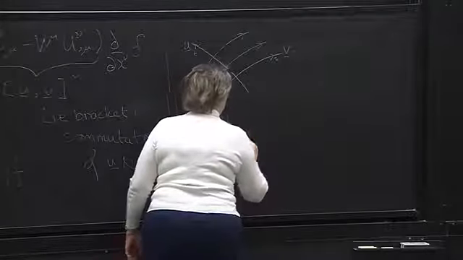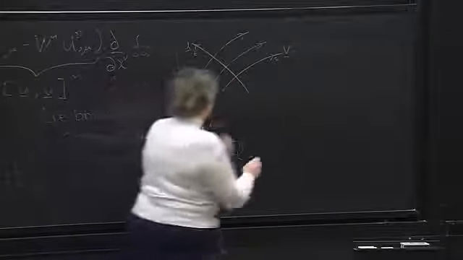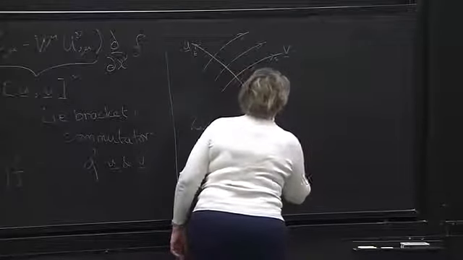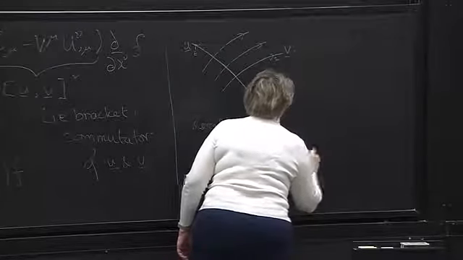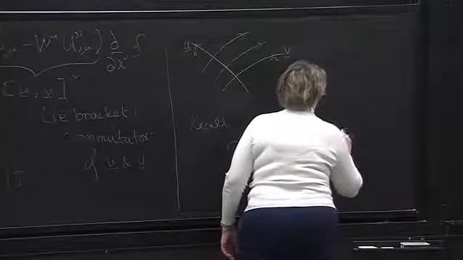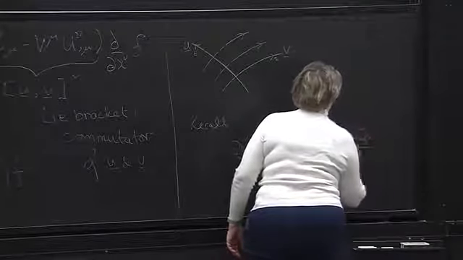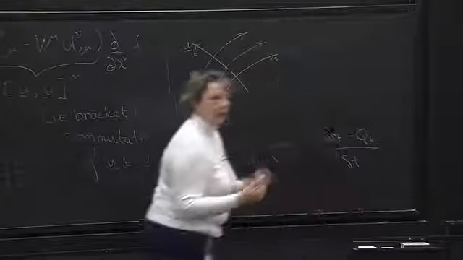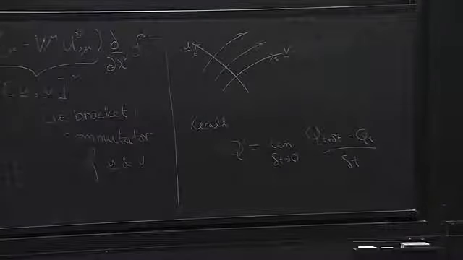If I write it in the abstract, a derivative is the difference between an object at two neighboring values of your parameter t, and you take the limit as that difference goes to 0 of the difference in your object q divided by this small increment delta t.